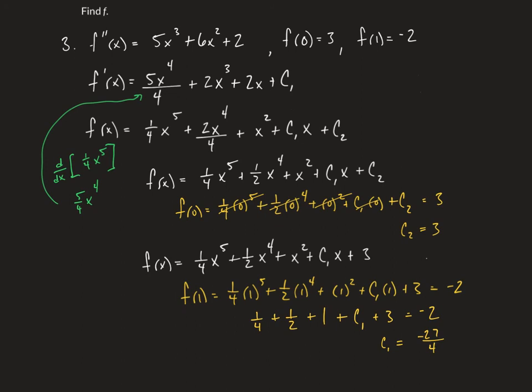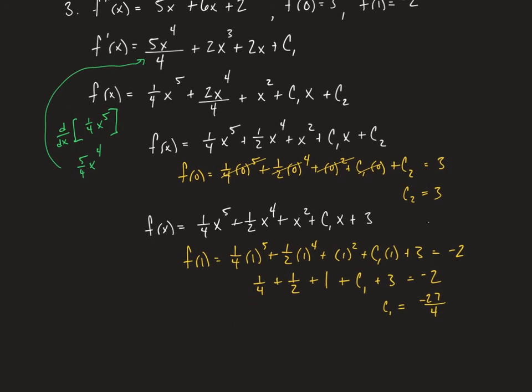So now that you've got that first constant, you can rewrite the original f of x function with the constants filled in. So f of x would be 1/4 x to the 5th plus 1/2 x to the 4th plus x squared minus 27/4 x plus 3.